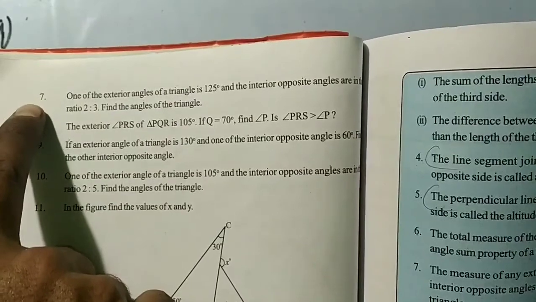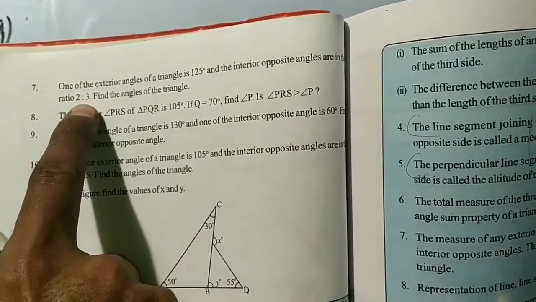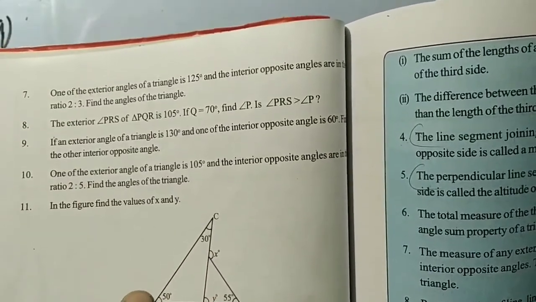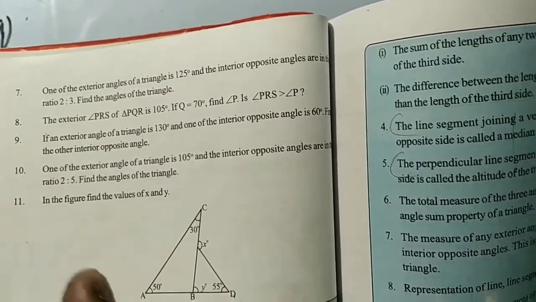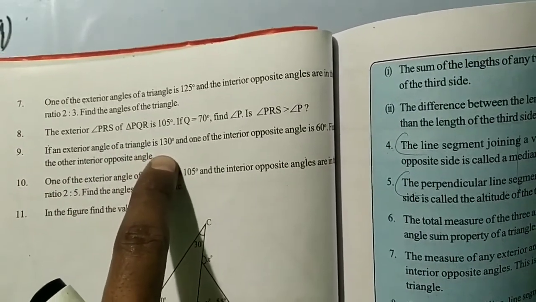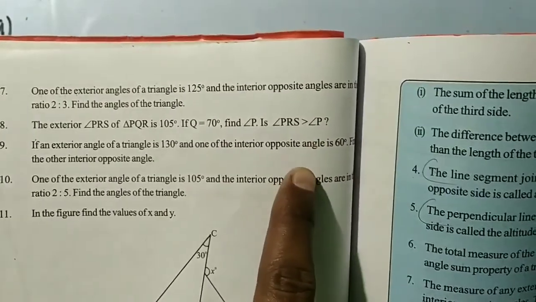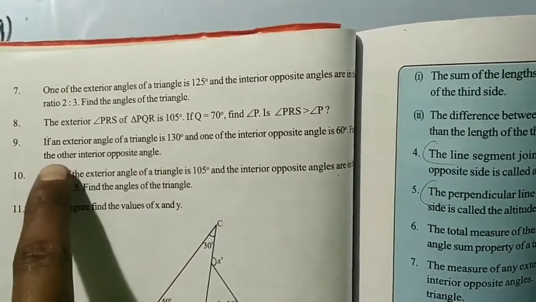In the seventh one, the angles are given in the 2:3 ratio and we have to find the ratio value. In the ninth one, two angles are given and we have to find only one angle, the other interior opposite angle.